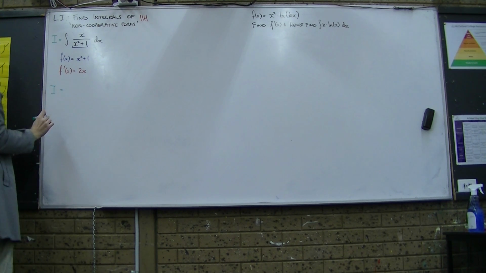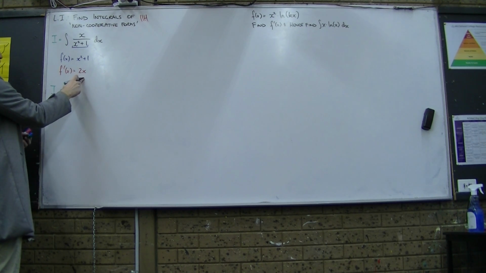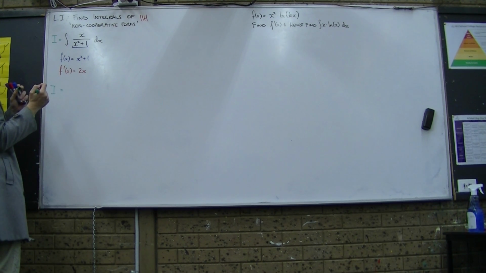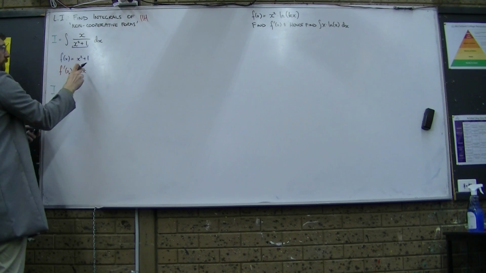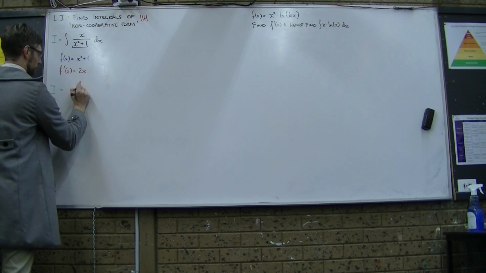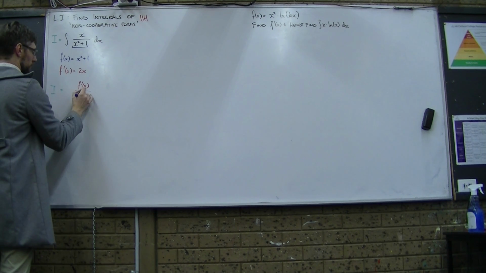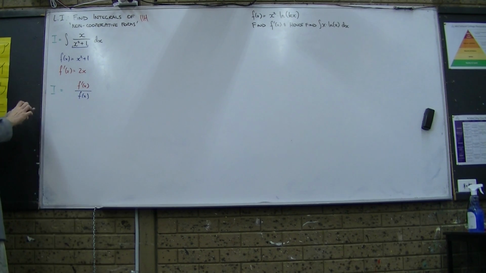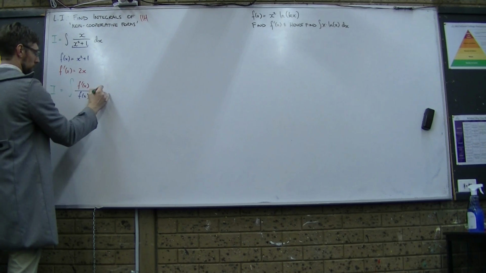So the integral is equivalent to saying, now, how does this get to be similar to this? Well, if I take f prime of x over f of x, it's not quite that, it's very close.